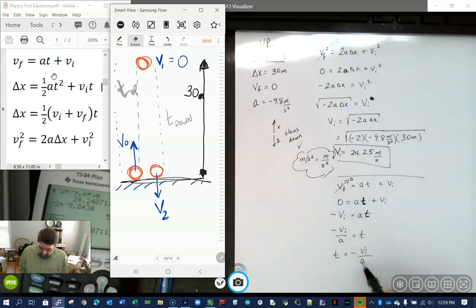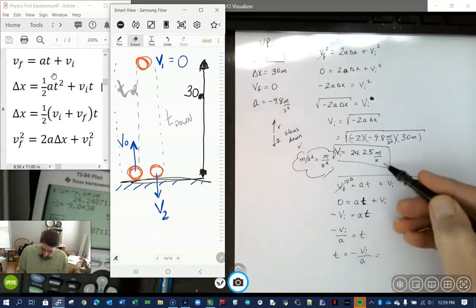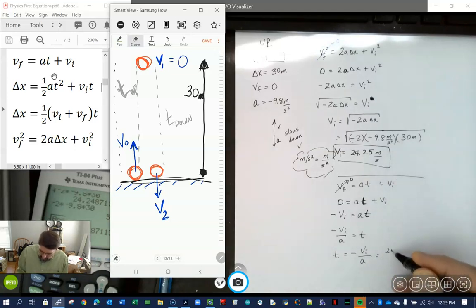All right, fear not. We take our vi, which is positive 24.25 meters per second, and we're going to divide that by negative, oops, sorry, I forgot that negative sign, negative there, minus 9.8 meters per second squared.